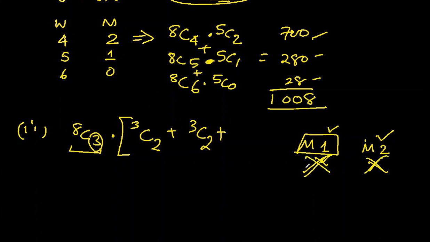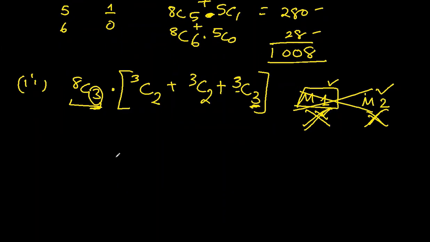That is also a possible case, right? They don't want to be together, but it's not that they can't be outside the committee. So let's put them out of the committee. Just 3 people left, and we have to select all 3 of them, 3 men out of 3, because 3 women are already there. So 3 men are selected from the remaining 3, and this will be the answer.